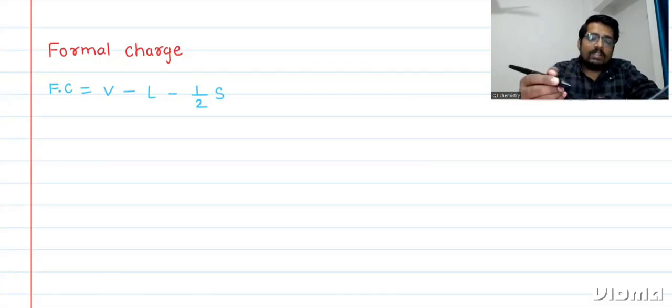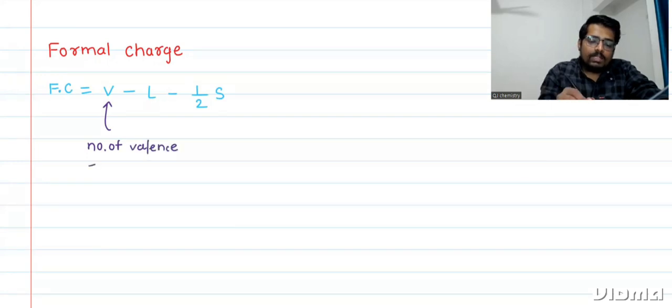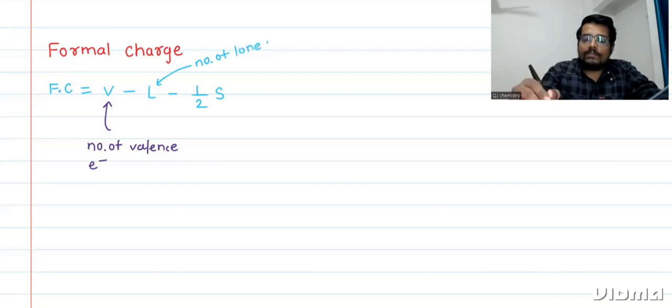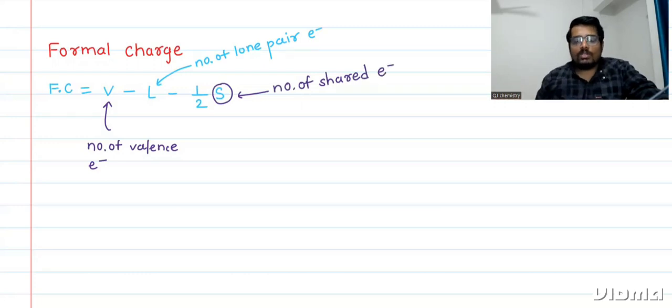Here V means the number of valence electrons, L means the number of lone pair electrons, and S means the number of shared electrons.